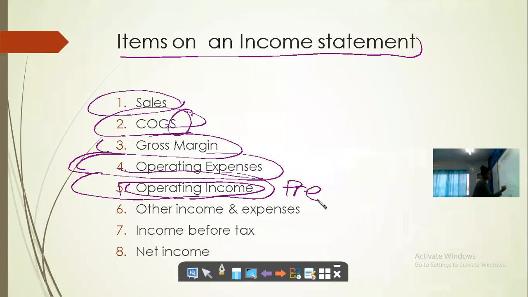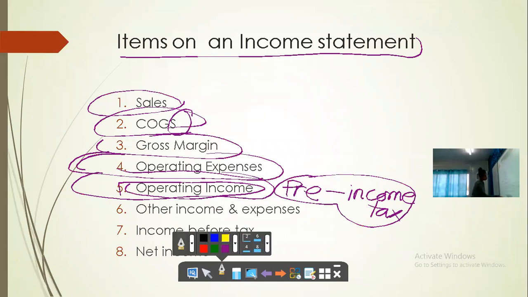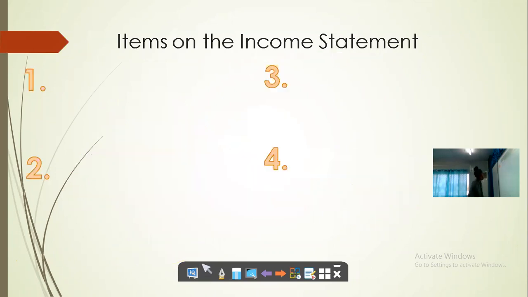Then you have other expenses if there are any, and other forms of income you add, and then you have income before tax. Taxes are taken down, and then you have the final net income. Well done.